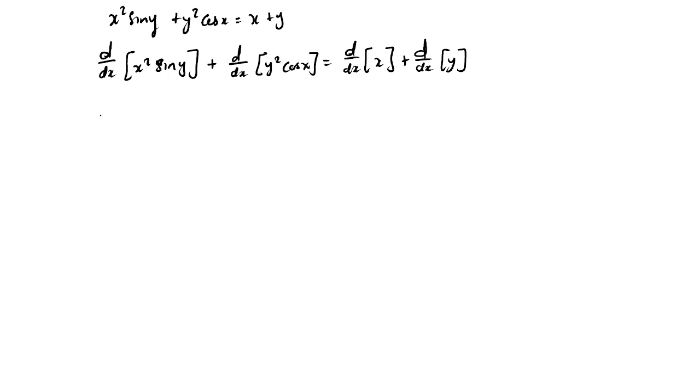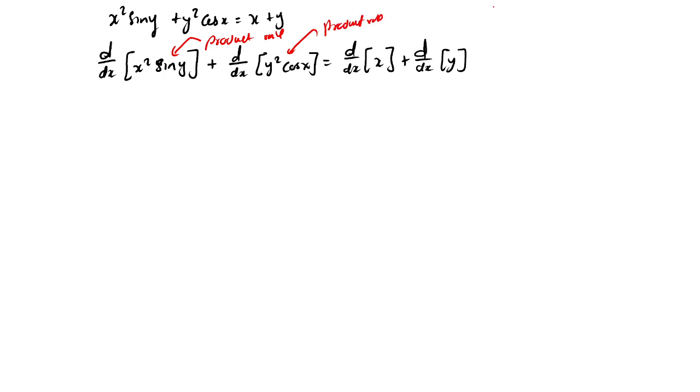What do we do after this? If you look at our problem, you can see that here we have what we call the product rule. Even here we have product rule.